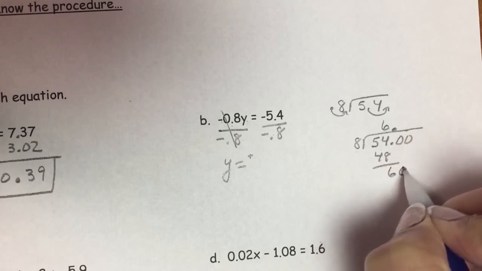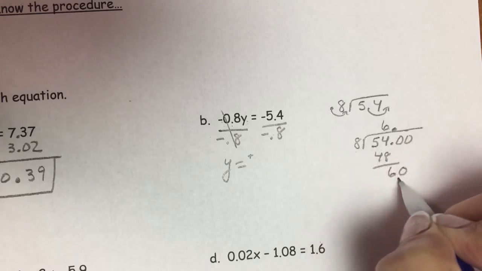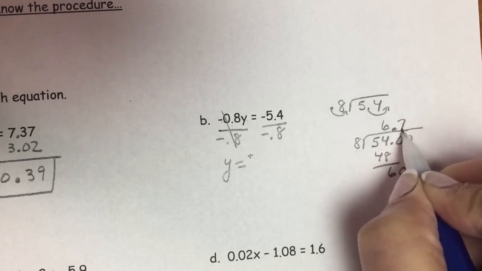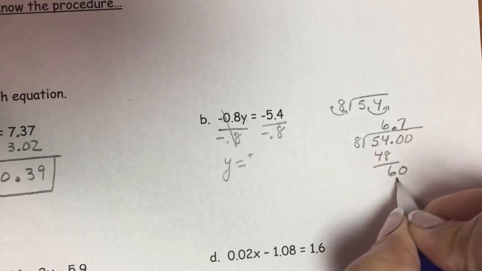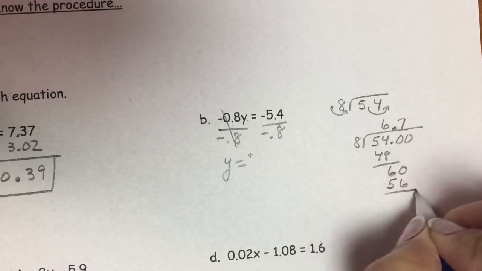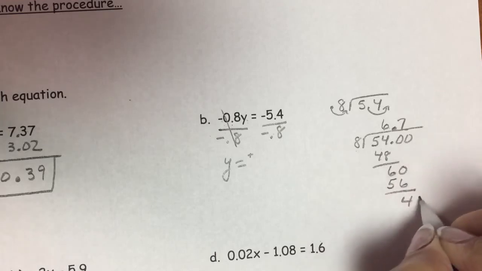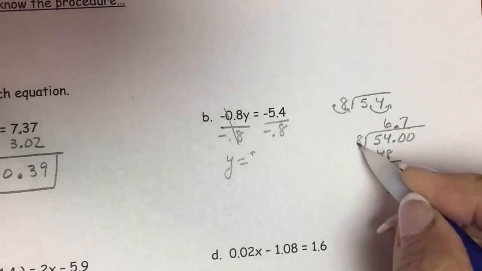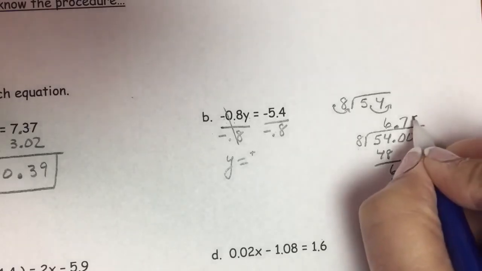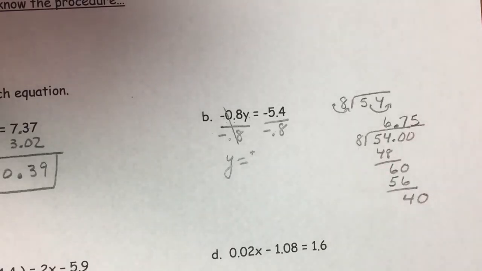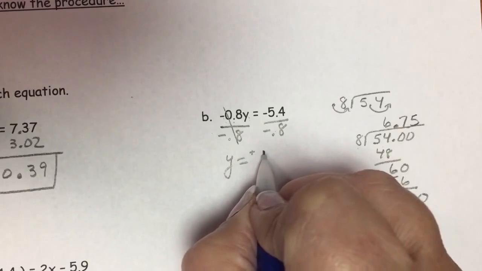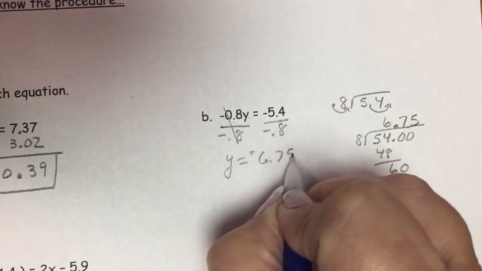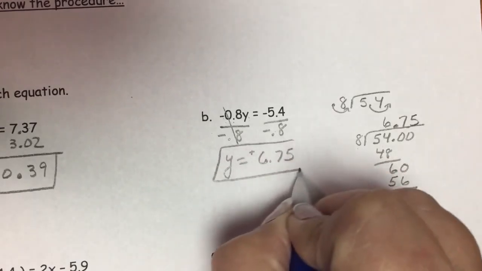Bring down the 0. 8 divides into 60 7 times. 7 times 8 is 56. Subtract, you get 4. Bring down a 0. And 8 goes into 40 5 times evenly, and you're done. So your y is going to be positive 6.75.